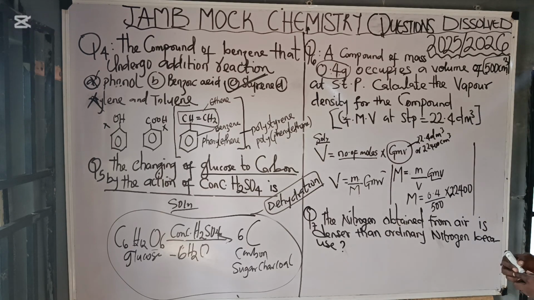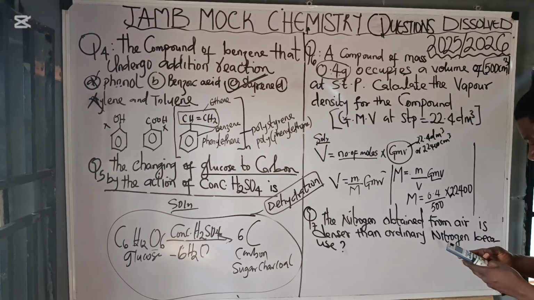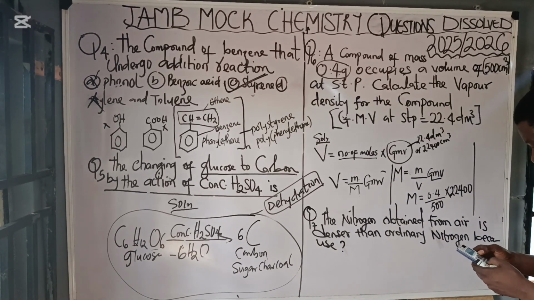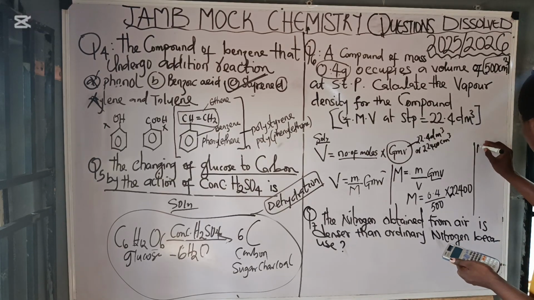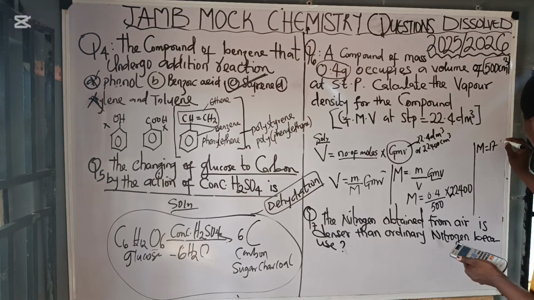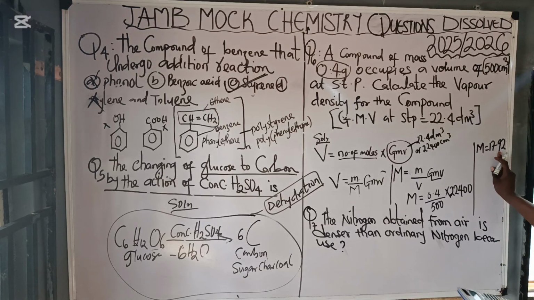So let's quickly divide this. 0.4 times 22400 divided by 500. That will give us 17.92. So the molar mass is equal to 17.92. So if I have 17.92, it is the molar mass of the gas.